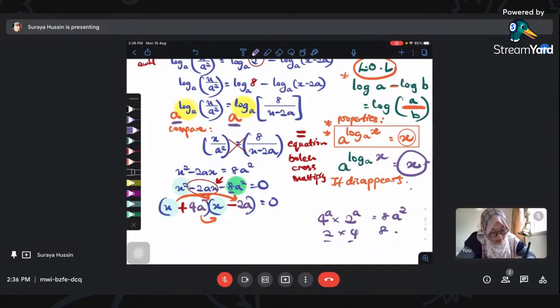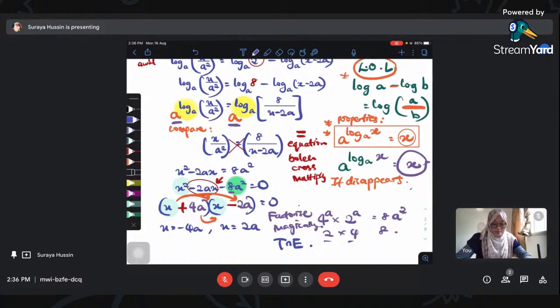Factorize magically. So you have to use a bit of your mind, your brain, for trial and error. It's more about trial and error. And therefore you will get x is negative 4a and x is equal to positive 2a.